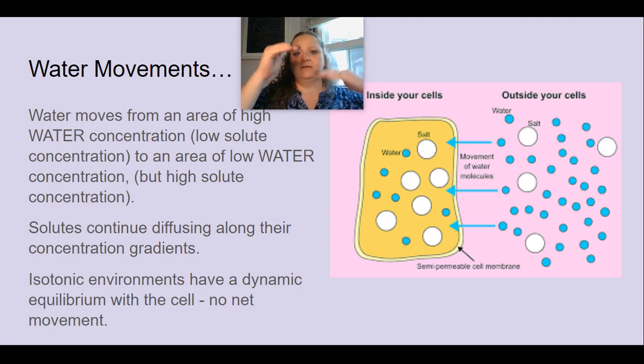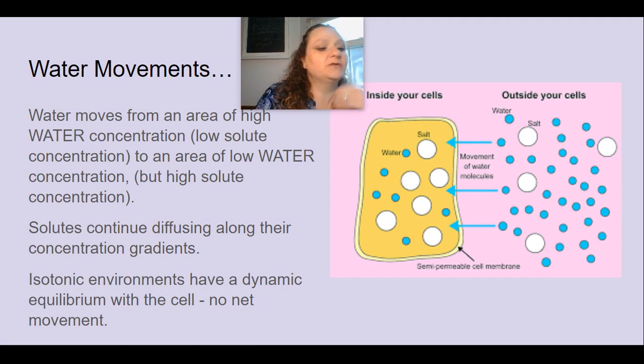And I want you to kind of think of it doing this, okay? So solutes are going to continue to diffuse along their concentration gradients as they are able. But remember, there are certain materials that are unable to move into or out of the cell through the membrane without help. So some things are not going to move at all.